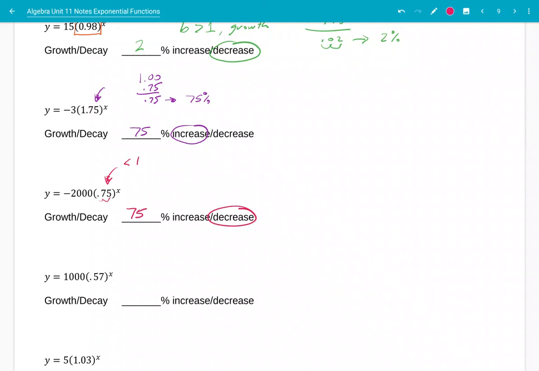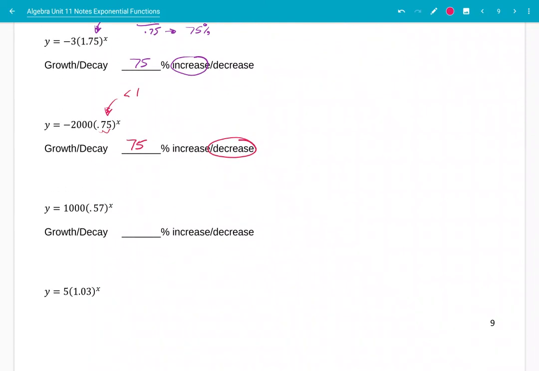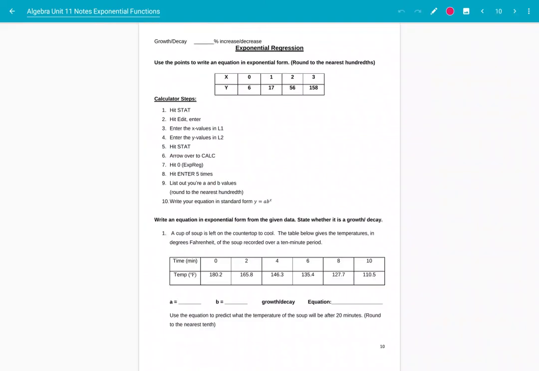And it's a decrease because it's less than 1. Let's look at these last two. Is this growth or decay? That is decay because it's going down. That is 43%, a 43% decrease.